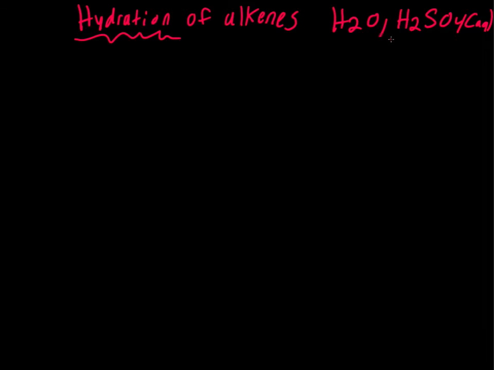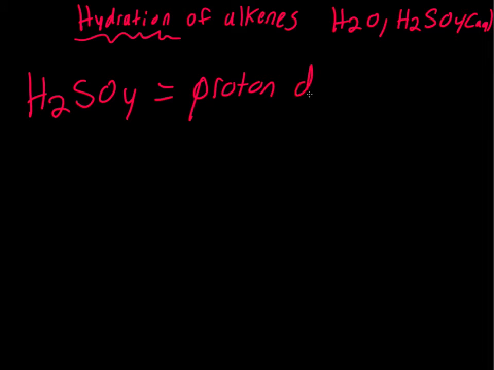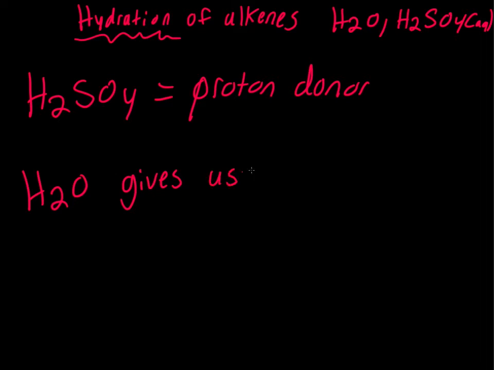in water. So some important things to know before we do the example is to know where our molecules or where our atoms are going and what's doing what. So our H2SO4 is our proton donor. Our water gives us our alcohol.